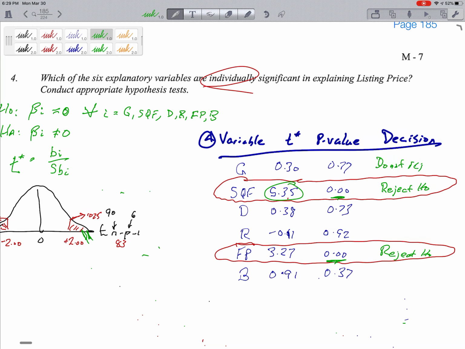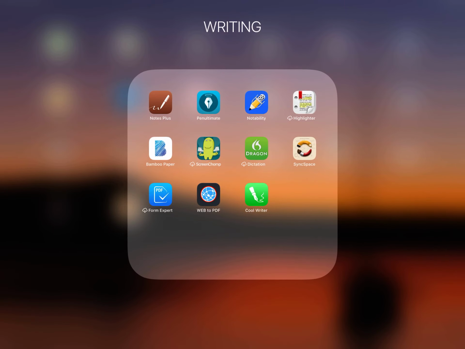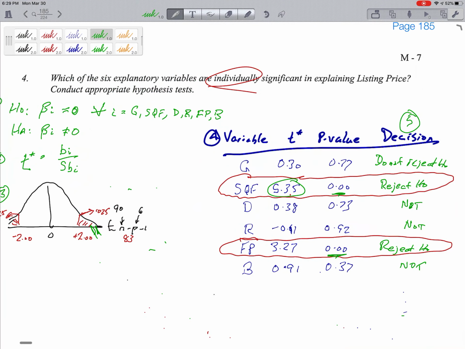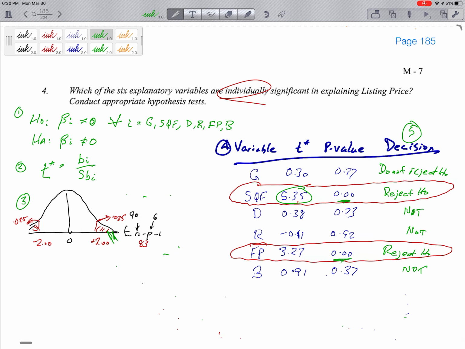Whereas over here, the answer is do not reject H0. Okay? So remember that these are actually 6 separate tests, but this is the 5 steps that we have in each case then, and I just put them all together here. So that shows you your 2 significant variables.